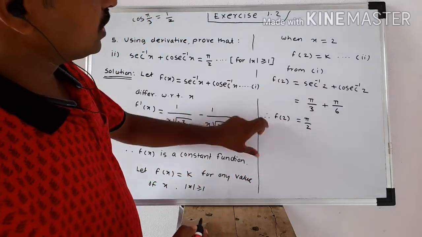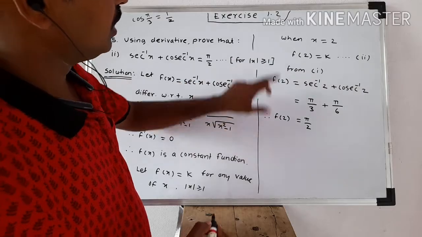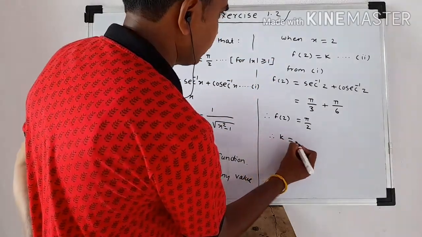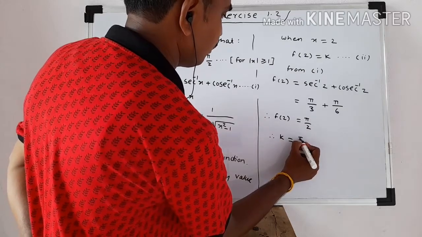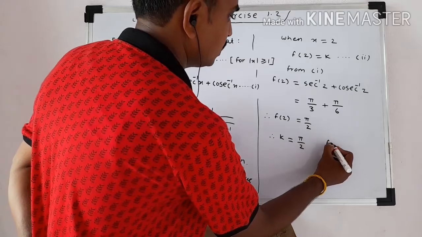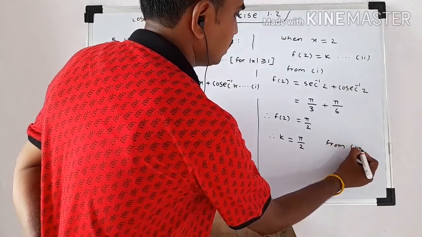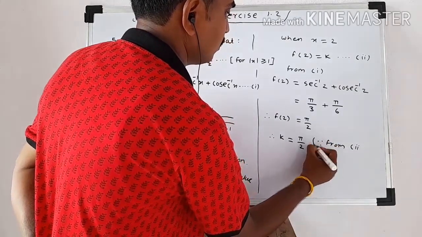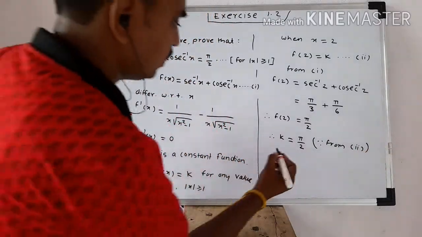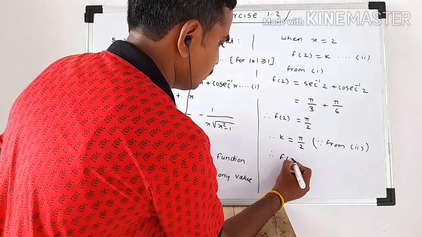Now by comparing these two equations, we get k equal to pi by 2. The reason is from equation 2. Now k equal to pi by 2, therefore we get f of x equal to pi by 2.